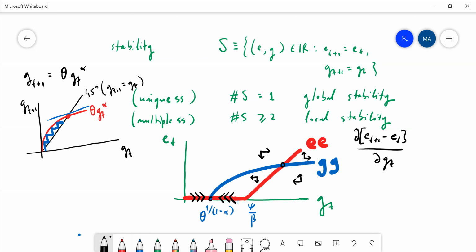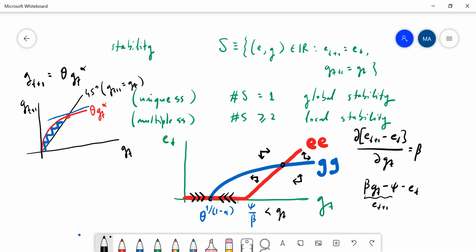E(t+1) minus E(t) is equal to beta G(t) minus C minus E(t) when G is larger than that. So this derivative is equal to beta.